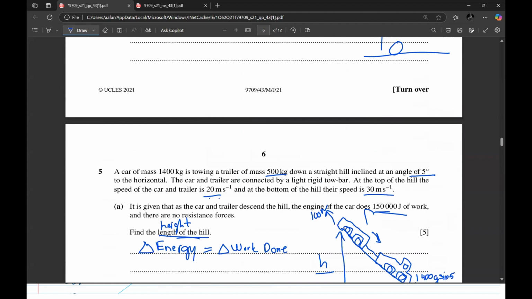We have the component of the trailer, 500 g sine phi, and then we have tension, which is this.